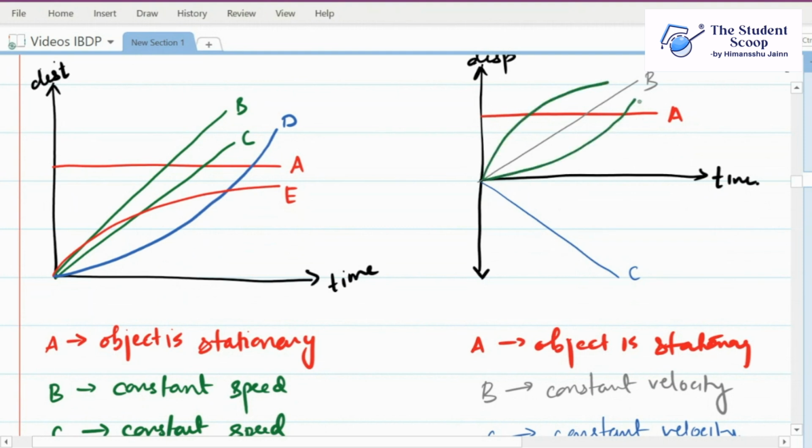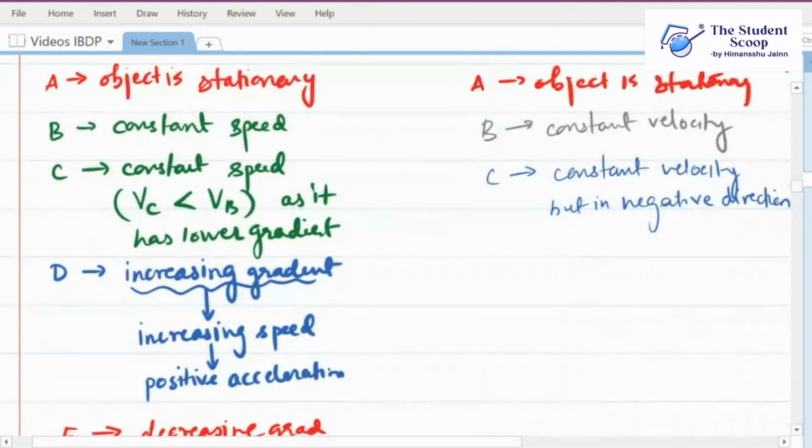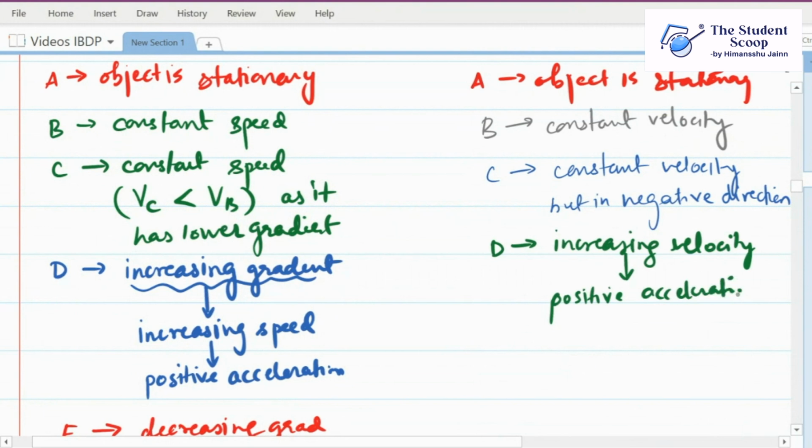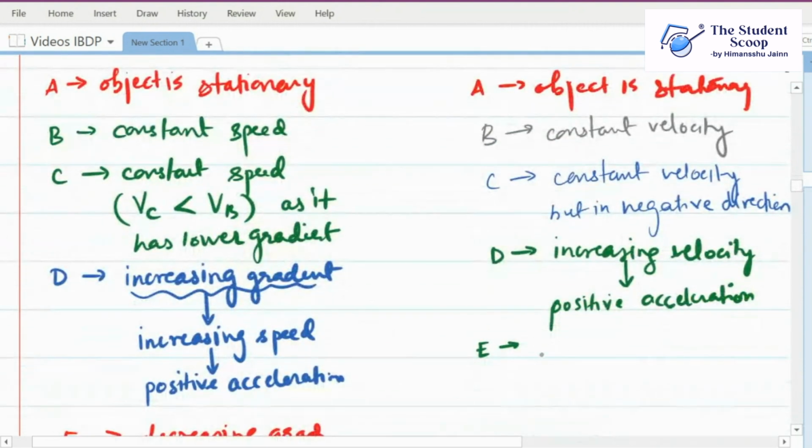So this can be D or E. D represents, like in the previous case, an increasing gradient, so it represents increasing velocity, and it can be a positive acceleration. Similarly, if we have E, we will have a decreasing velocity or a negative acceleration, or a deceleration.